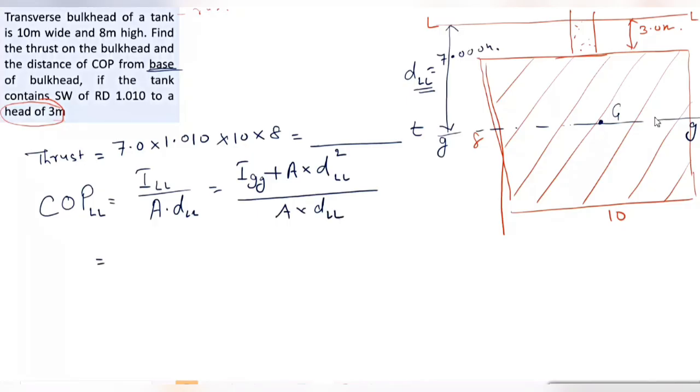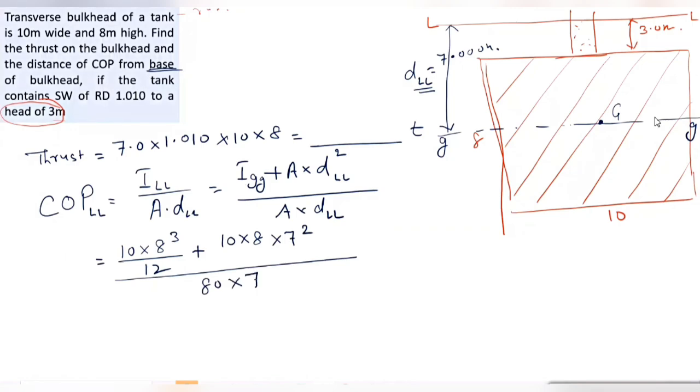Yes, GG is a standard axis for the rectangle. Which side is it cutting? It's cutting 8 meters. So it will be 10 into 8 cubed upon 12, IGG, plus area is 10 into 8, DLL is 7, divided by area of 80 into DLL of 7. This will give me COP in meters, okay?